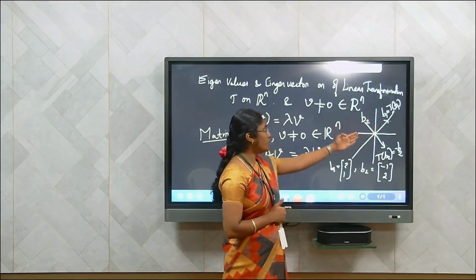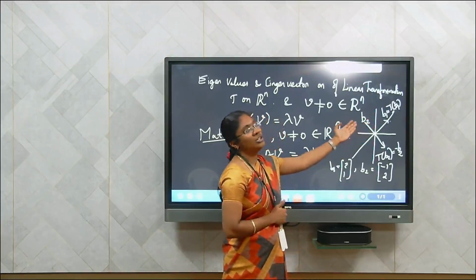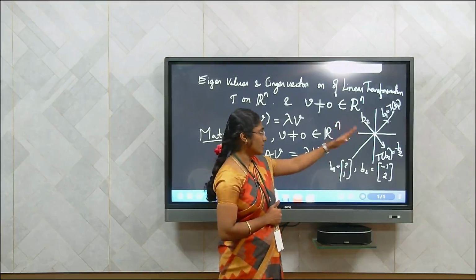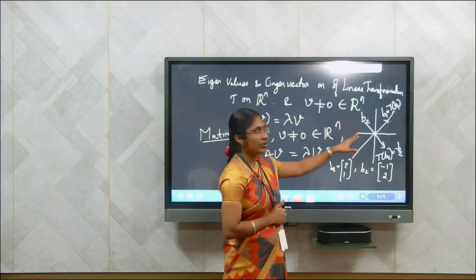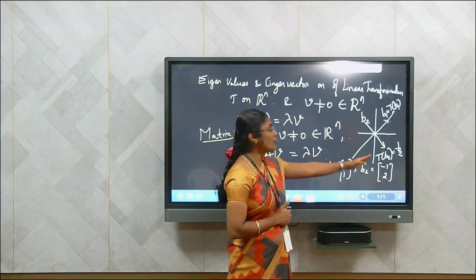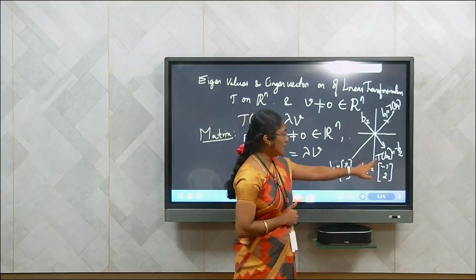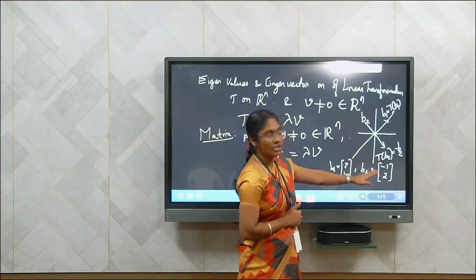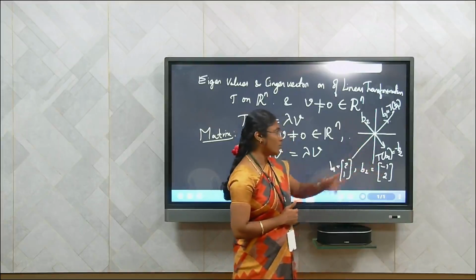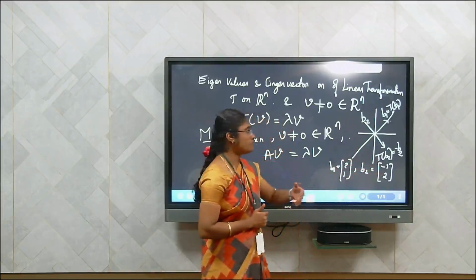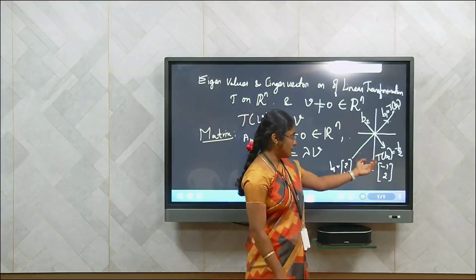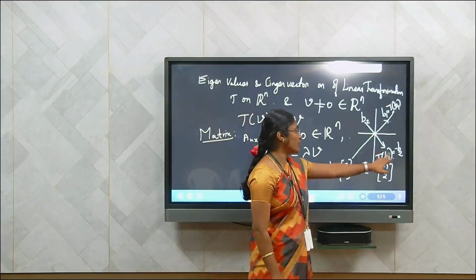And since b2 lies in the second quadrant, its reflection about the line gives the corresponding vector in the fourth quadrant. The vector (-1, 2) becomes (1, -2). So this reflection gives T(b2) = -b2.